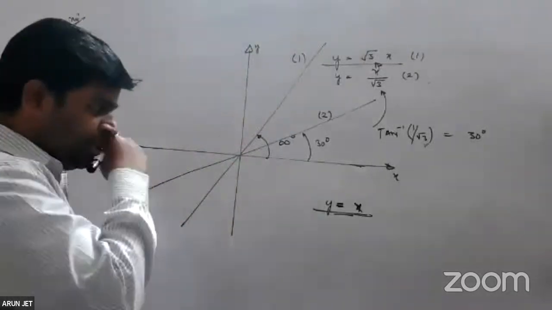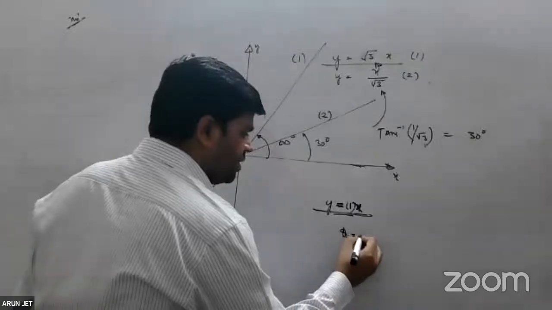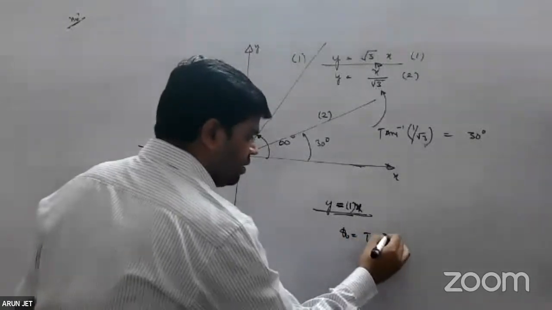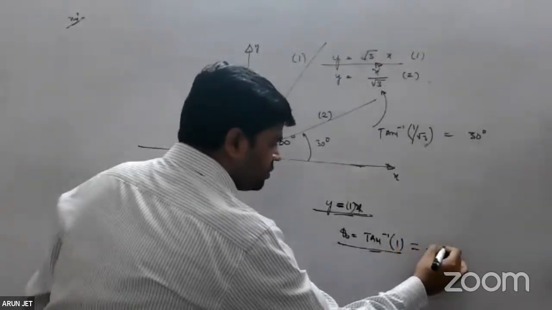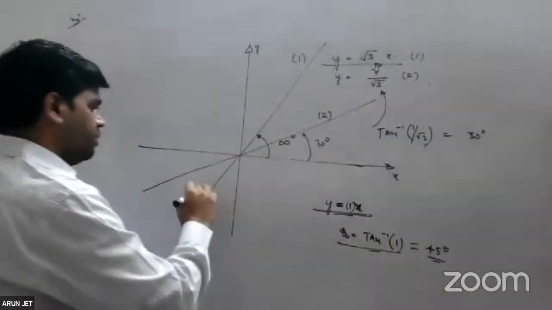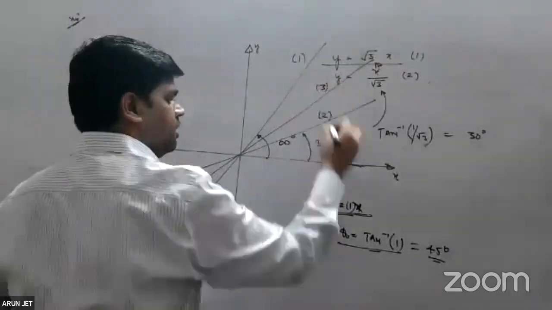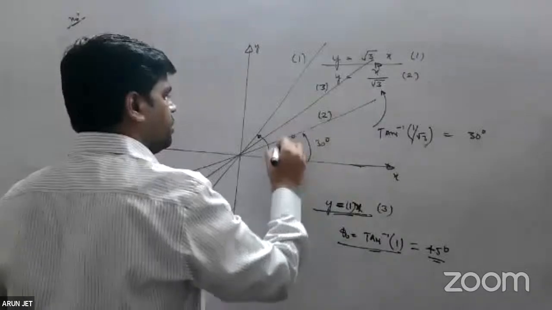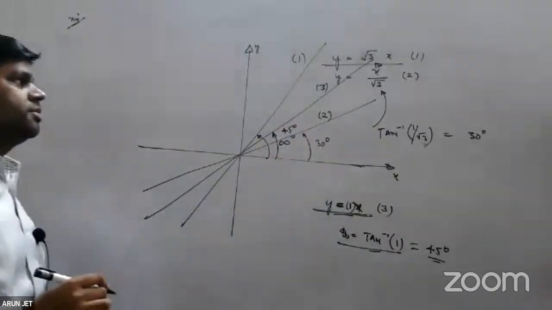So slope is 1. So theta, the angle it makes with x-axis, is tan inverse of 1, which is 45 degrees. So line number 3 makes an angle of 45 degrees.